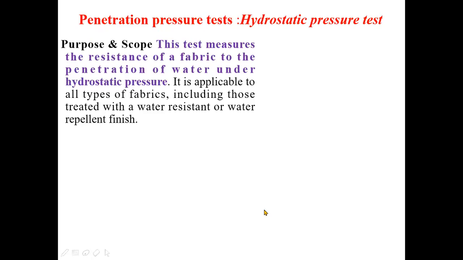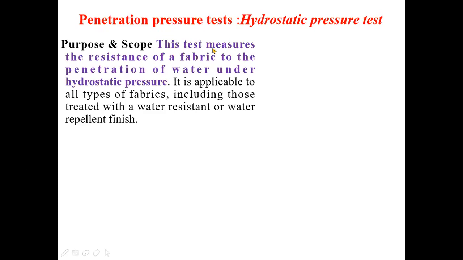Now next is the penetration pressure test, or hydrostatic pressure test. In the earlier two tests, the spray rating test and the Bundesmann water test, the water simply falls onto the fabric surface and there is no such pressure. But here we have to measure the pressure under which the water will penetrate.